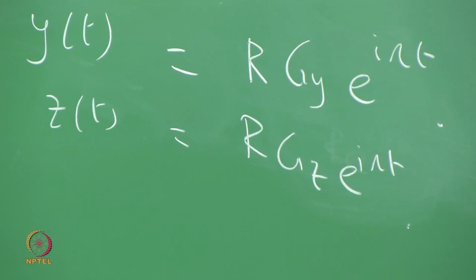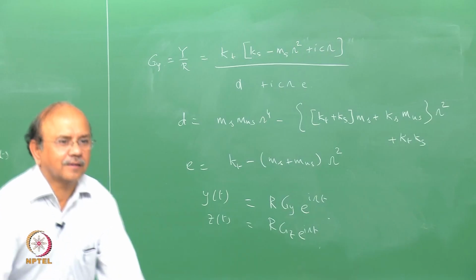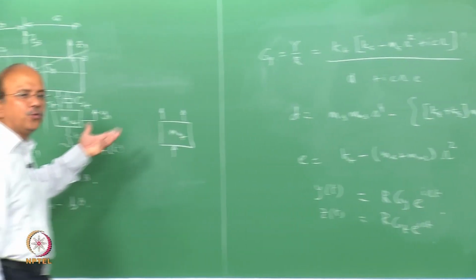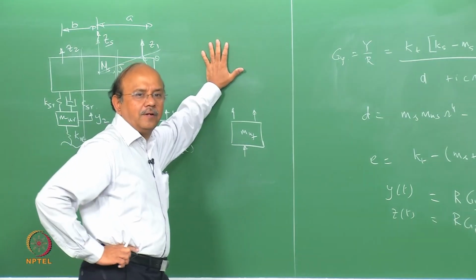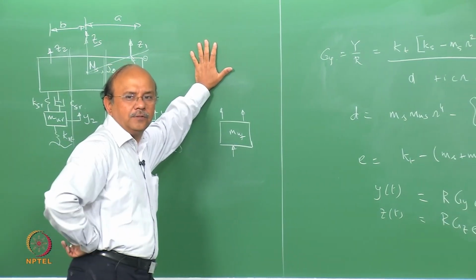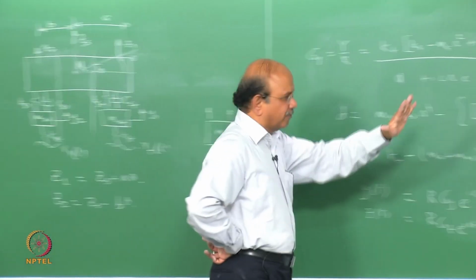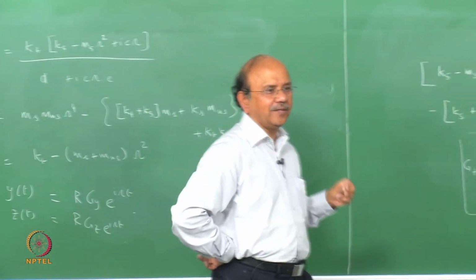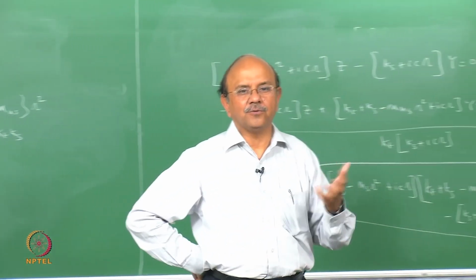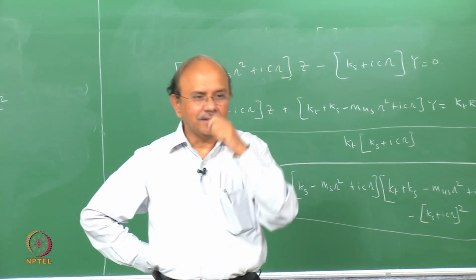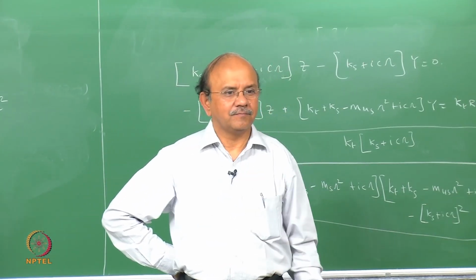Suppose I give you this and I want you to do a test. How would you do it? Practically, I want you to measure this. Before we go further, this is too much maths, too many equations. Tell me, what are you trying to do? What is it that ultimately I'm interested in?